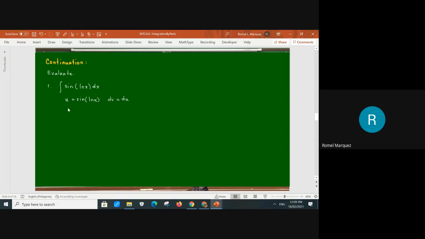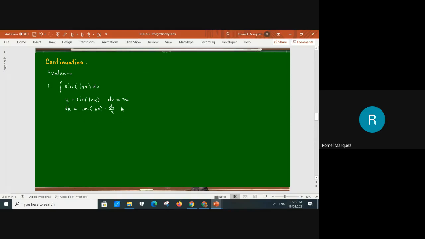So again, u is sine of ln x. What is du? What's the derivative, guys, of sine of ln x? Cosine of ln x times 1 over x multiplied by dx, no? So dx over x. So this is the differential of u.